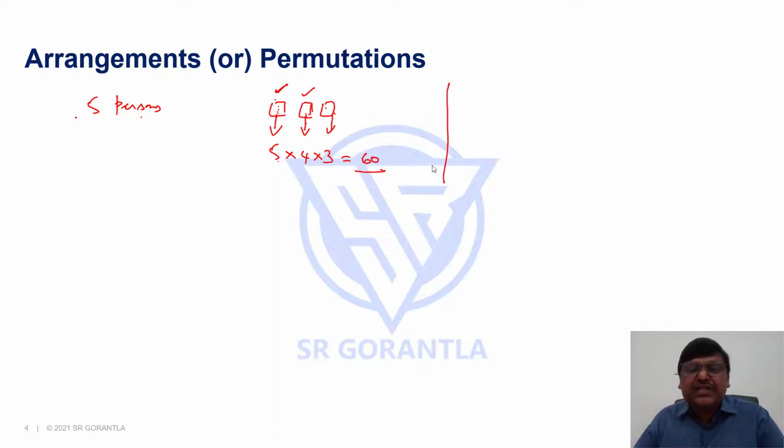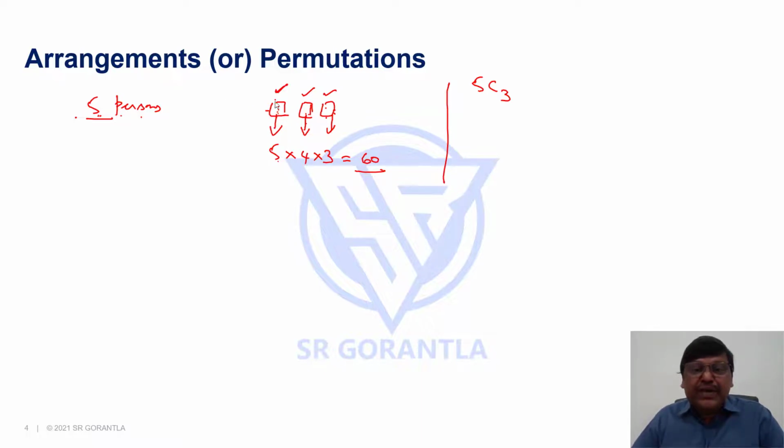Another way of explaining this is, this actually has 2 stages. First, out of 5 persons, only 3 persons are going to be seated. It means you have to select 3 persons out of 5 persons. How many ways can I select 3 persons out of 5? From the earlier sessions on selections and combinations, we say 5C3 ways.